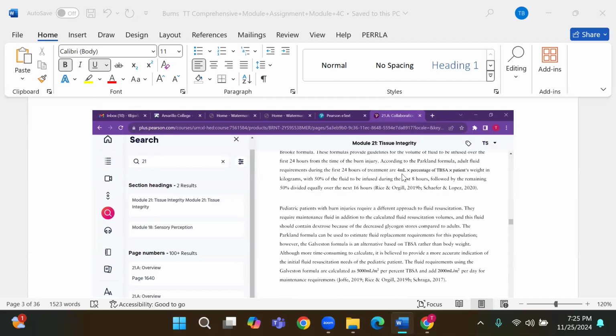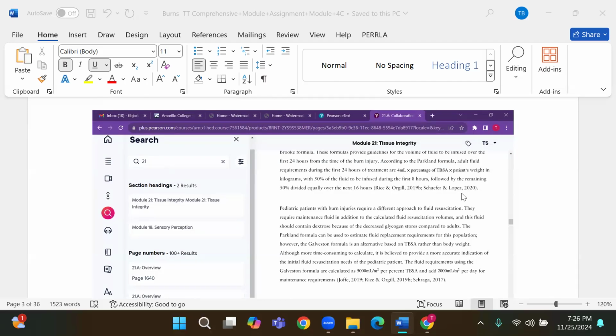I'm going to have to write this down because it's been a minute since I did it. So make sure you write that down. 4 mLs times the percentage of total body surface burn, and then the weight in kilograms. And it says with 50% of the fluid being infused in the first 8 hours.